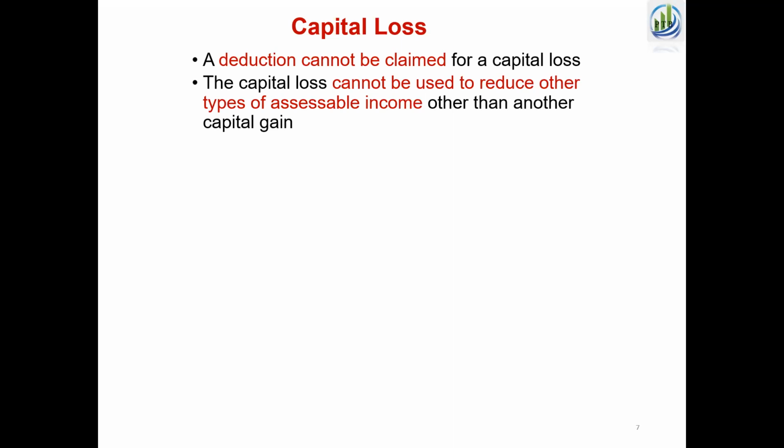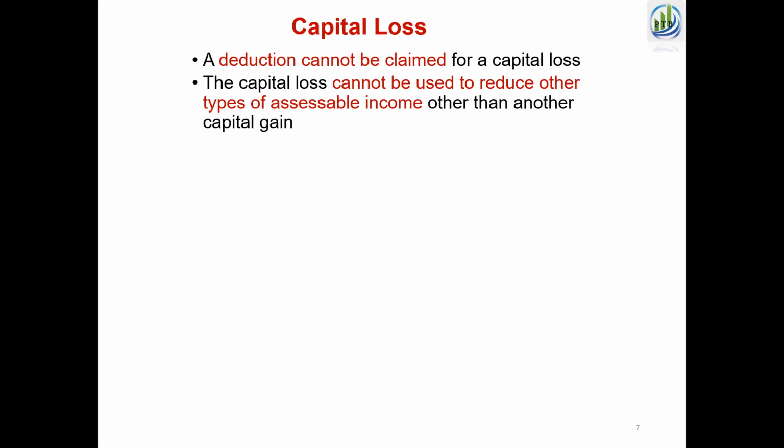So now we will see, this year you are selling two investment properties. One investment property, your capital gain is $200,000. The other investment property, your capital loss is $50,000, right? So how much is the loss from the second property? $50,000.